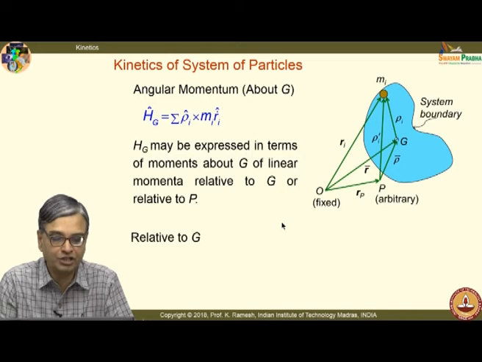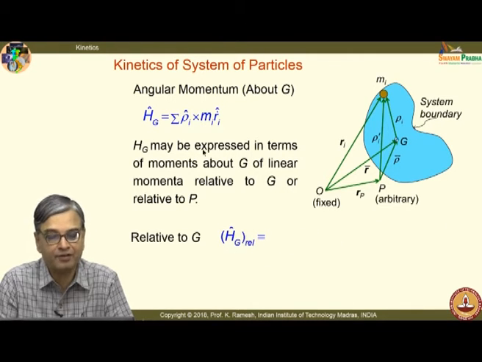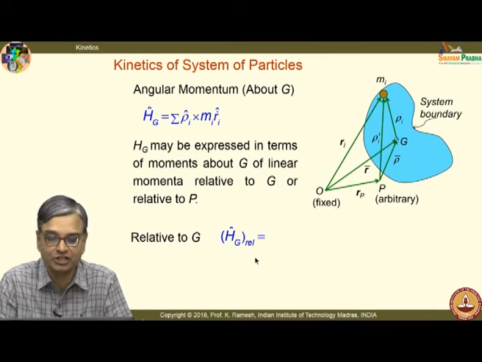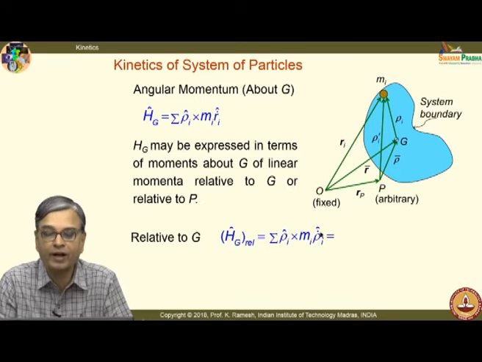So, relative to G, I define Hg rel. I have already told you how I am going to define Hg rel. I would call this rho i cross mi into rho i dot. When I have this as angular momentum about G, I use the appropriate position vector.